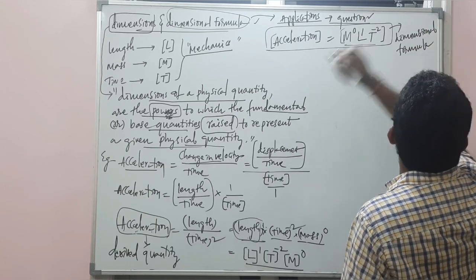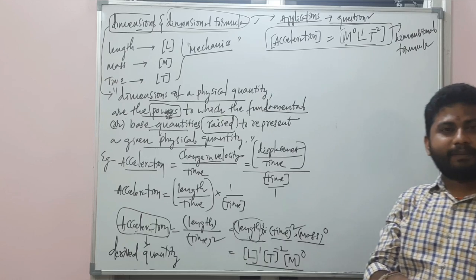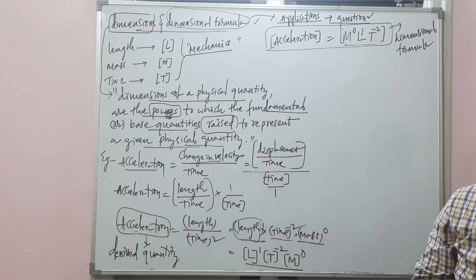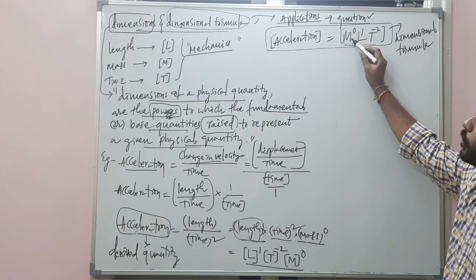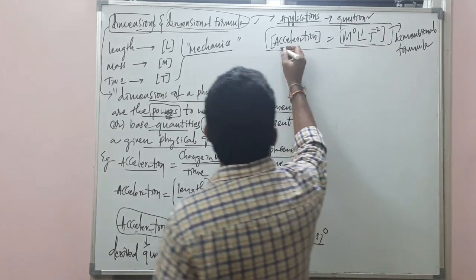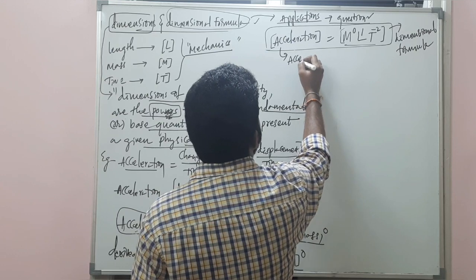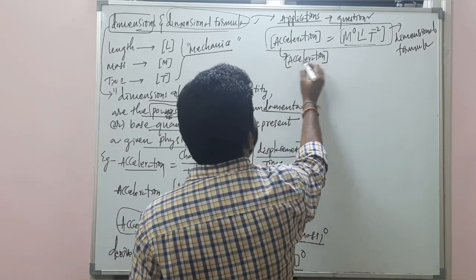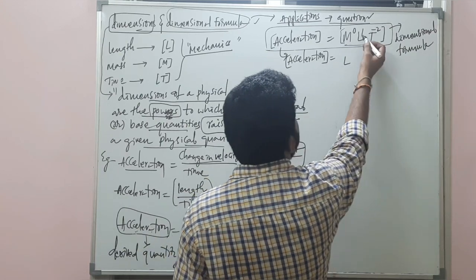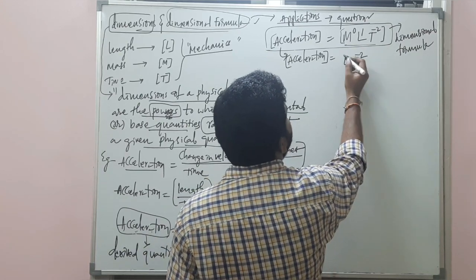So, hope you understand what exactly the dimensions are and what the dimensional formula is. Here M to the power 0 you may or may not write, it's not necessary to mention, or if you mention it, also no problem. So the acceleration dimensional formula you can write L T -2.